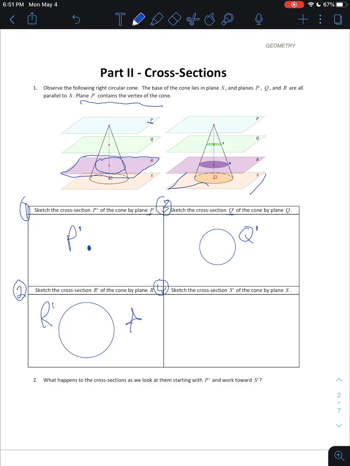So maybe I can try to draw one now that's bigger than. Let's see if it recognizes that. Uh-oh. Oh my gosh. Let's see. Can Mr. Rodriguez draw a circle? I need to take art class.